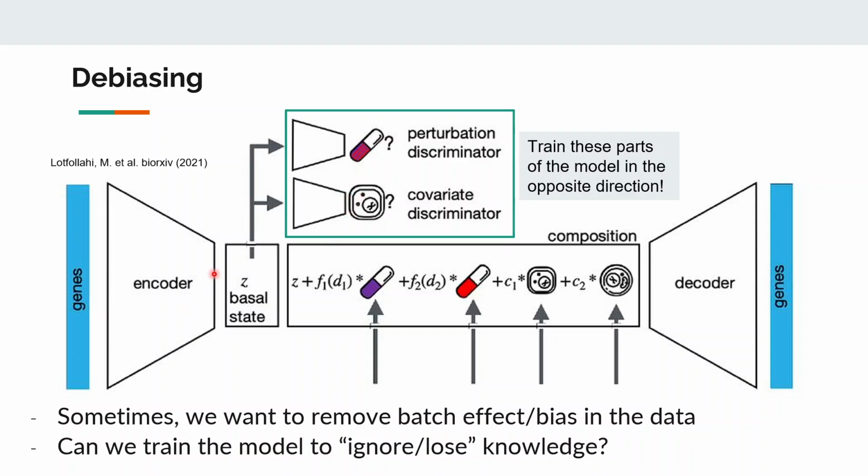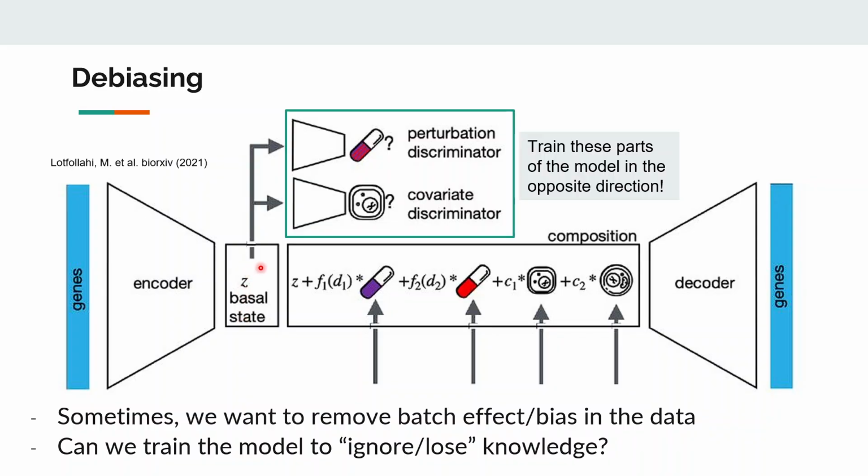So this means that the representation space here, and this might take some imagination, basically, if the model can predict perturbation very well and can generate very well, this means the representation we get from the data contains information about the perturbation and enough information to generate. But if we train the model to be poor at predicting the confounding factor, that means there is no useful information about the confounding factor inside this part.